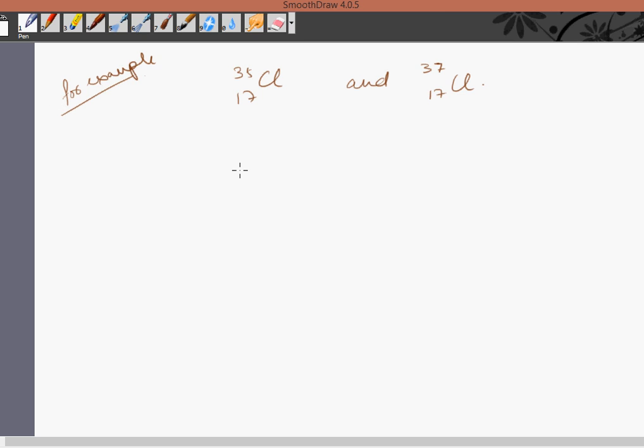So how do we get the weighted average? Let's suppose the abundance of Cl-35 is 75.5%, and here it's 24.5%.